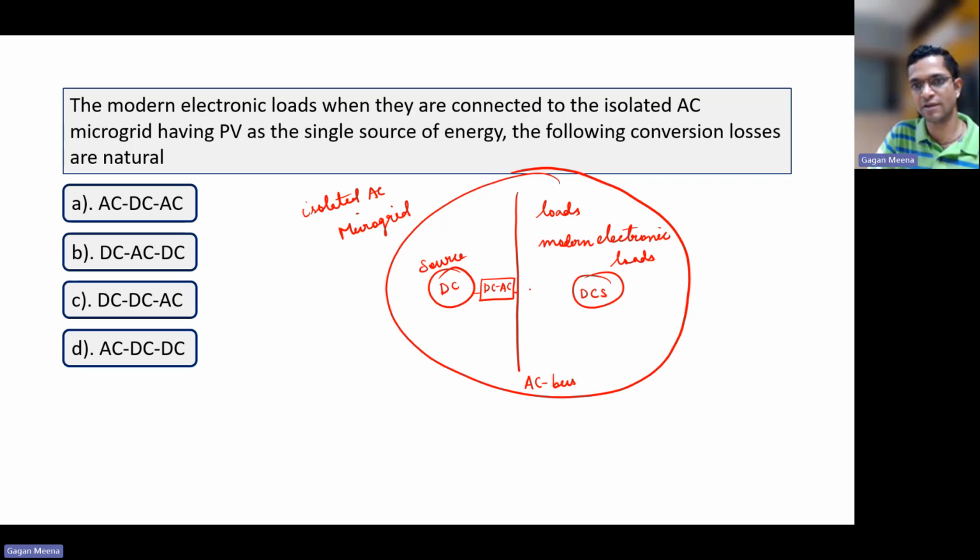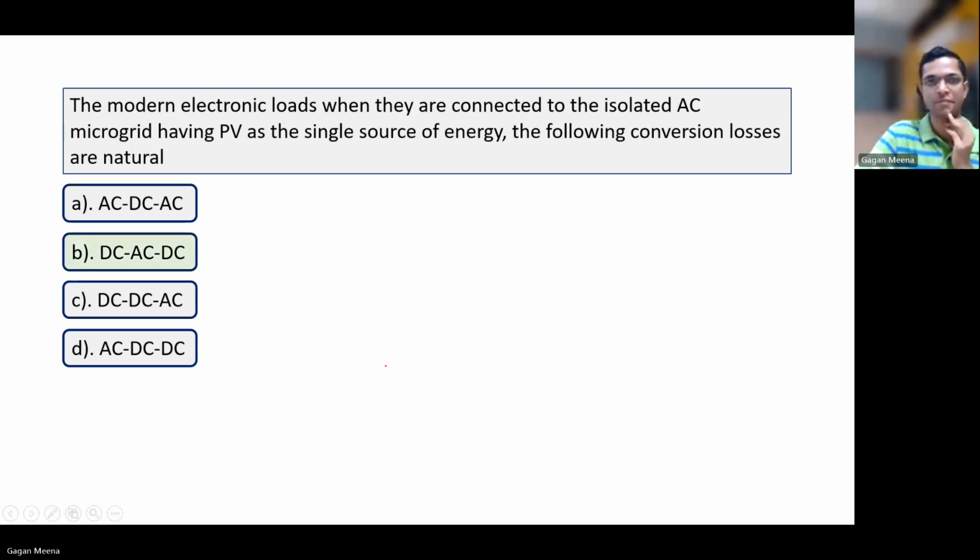And because the load is DC, we need to convert that AC into DC. So what is the conversion stage here? DC, AC, DC. Correct?